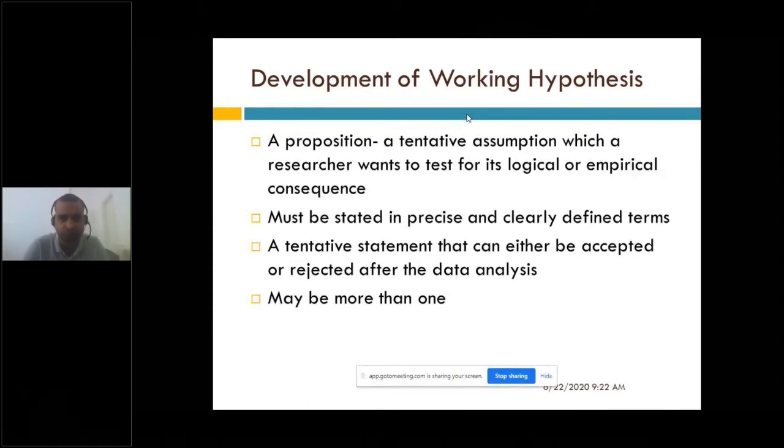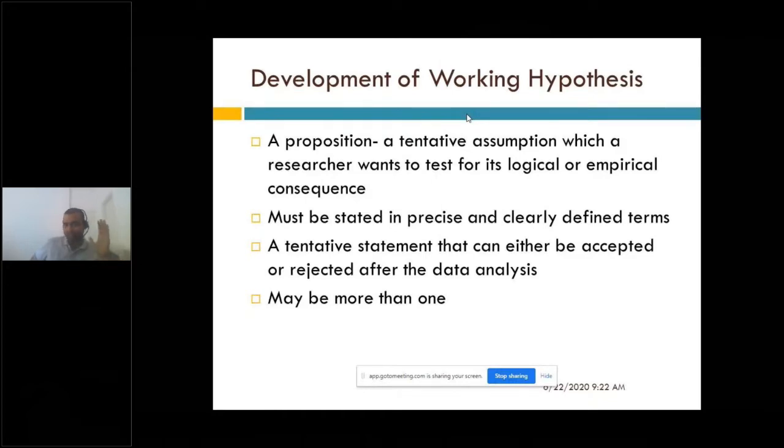A hypothesis is a proposition, a tentative assumption which a researcher wants to test for its logical or empirical consequence. And it must be stated in precise and clearly defined terms. See, a hypothesis must be precise and clear.